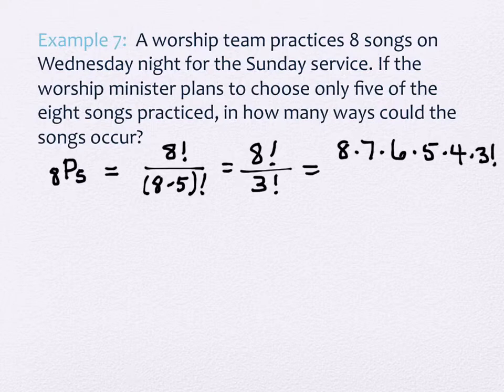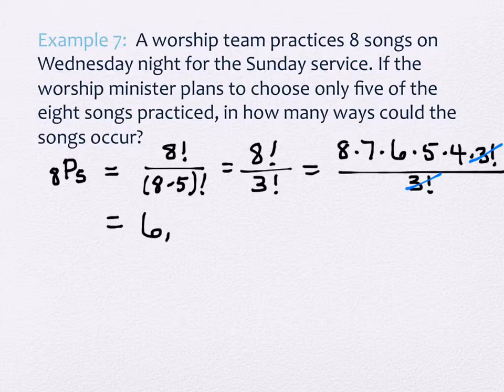It really doesn't save me a lot of steps on this one, but I'm still going to do it, my 3 factorial, just for consistency's sake. My 3 factorials will cancel, right? And somebody's going to be so kind as to get us a calculator and multiply all those numbers together on the top. 6,720? Awesome.